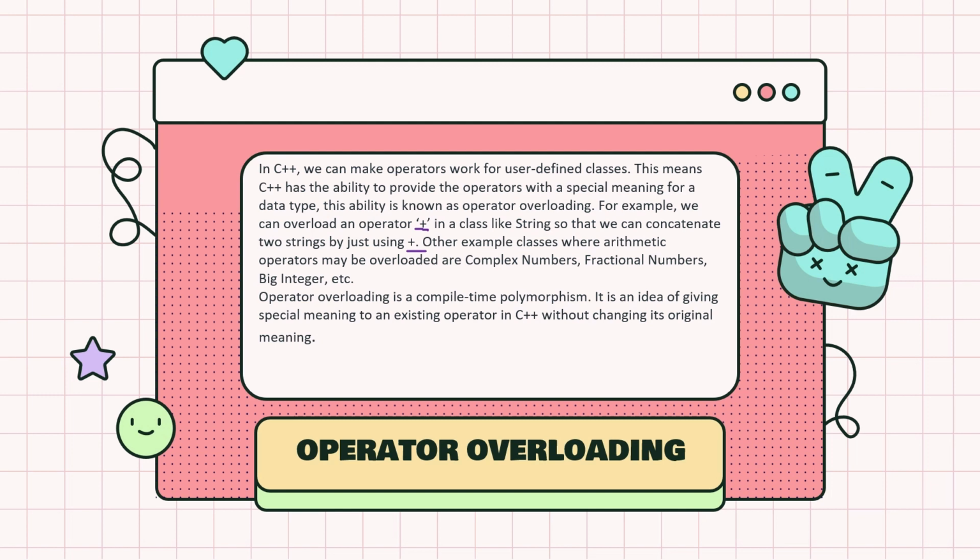We overload arithmetic operators, like for complex numbers, fractional numbers, big integers, etc. Operator overloading is a part of compile-time polymorphism, which we discussed earlier in lecture number 17. It is the idea of giving a special meaning to an existing operator in C++ without changing its original meaning. So that's it about operator overloading.